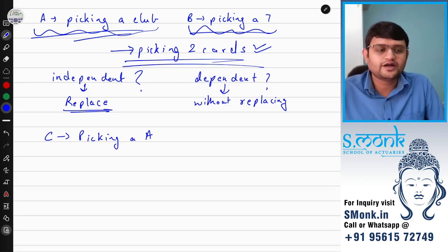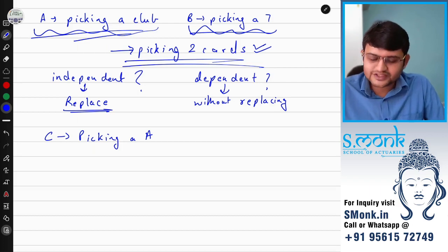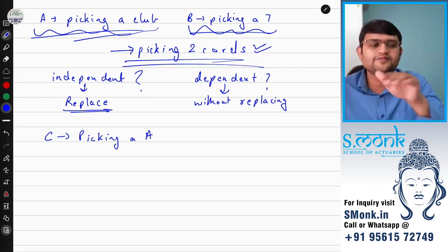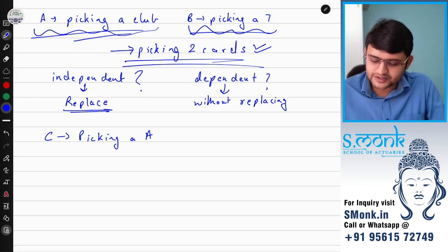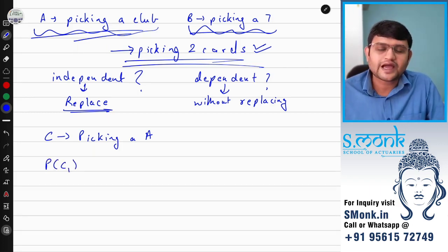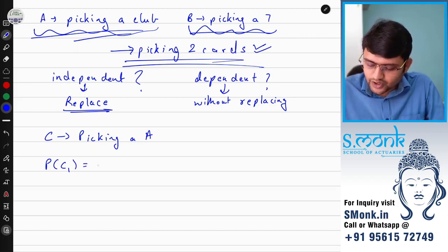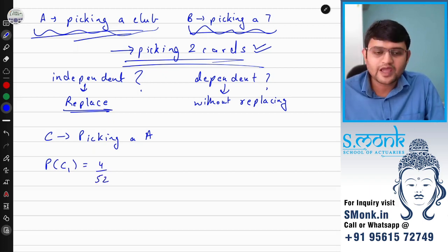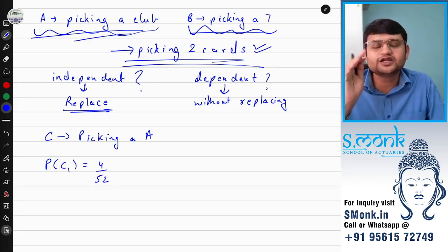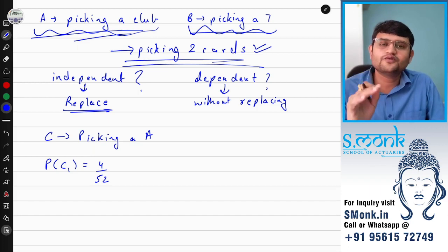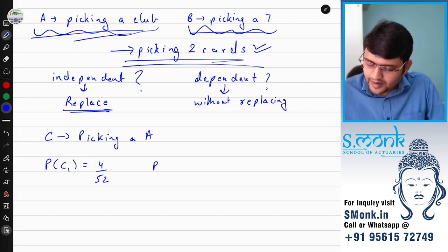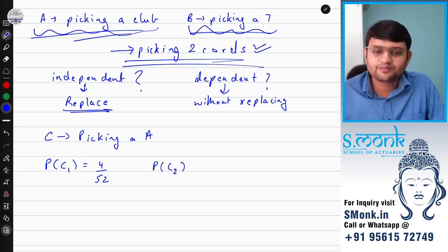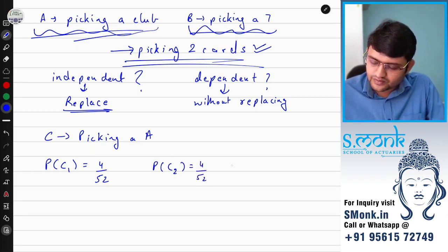In the first card, if I see the card and then I replace it back into the deck, the probability of C1, getting an ace in the first card, is going to be 4 by 52. And because I replaced it, irrespective of whether I got an ace or not, the probability of picking an ace in the second card will also be 4 by 52.